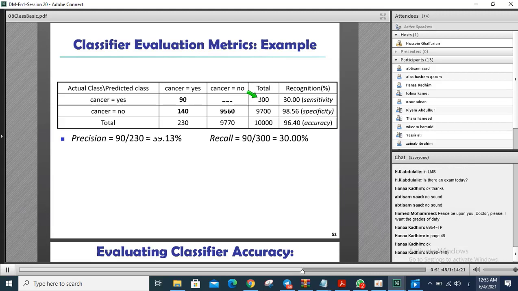Here you can see that my accuracy is 96.40%.